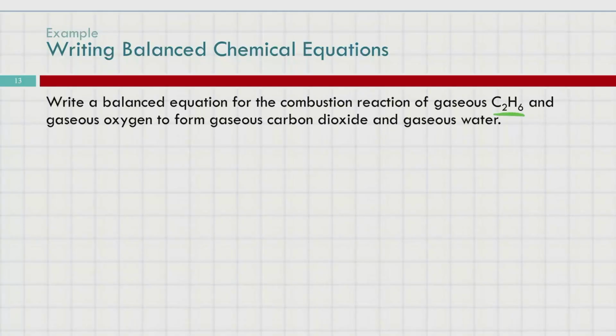One of them we're given, C2H6, because we don't know the nomenclature for naming that. So C2H6, its state is gas. So put a little g in parentheses behind it. This is the reaction of gaseous C2H6 and gaseous oxygen.